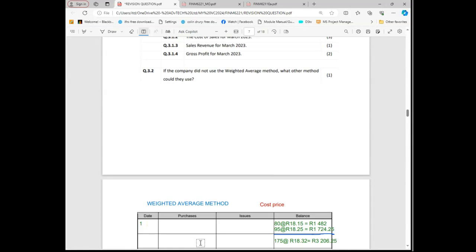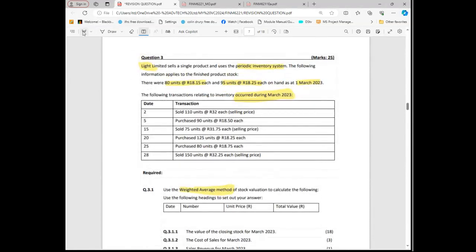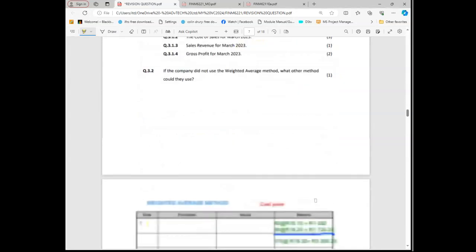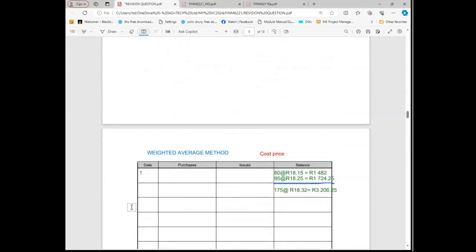So what you do, you just check here the units which you sold: 110 units. Now you must put the date, which is going to be the second. When you sell, it's the same as you issued. It depends which column you saw. Selling and issued, same thing.